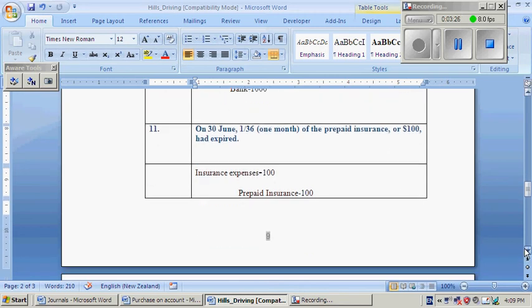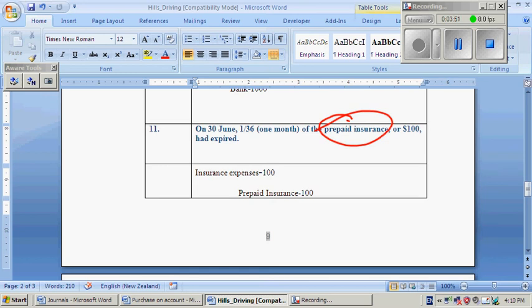Now this is I think the last one, and the most complicated one. You see, 1 month of the prepaid insurance of $100 had expired. So what is the keyword over here? The keyword is prepaid insurance. What is prepaid insurance? Remember, prepaid insurance is not an expense. Prepaid insurance is an asset.